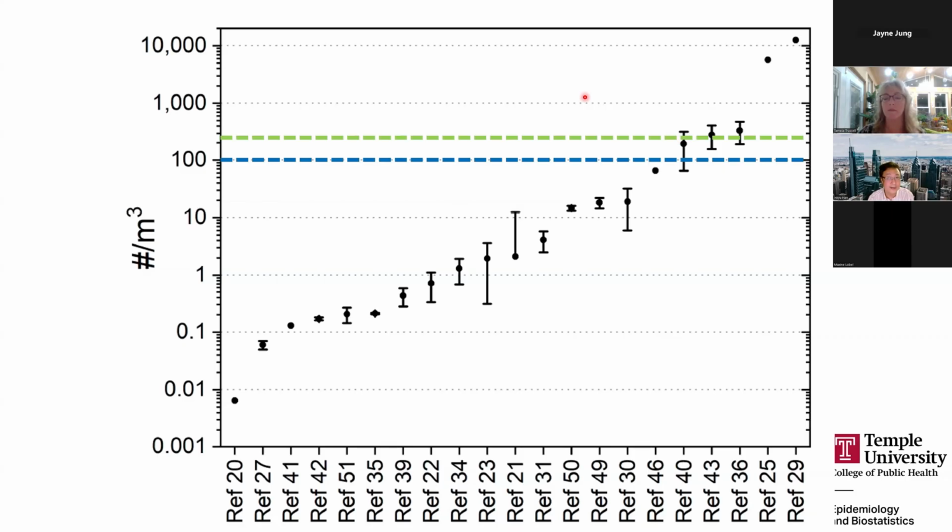Whether I answered your question. Where is reference 20 and where is reference 29? Yeah, so reference 29 is more the Middle East countries so far, and probably East, I think China and so on.